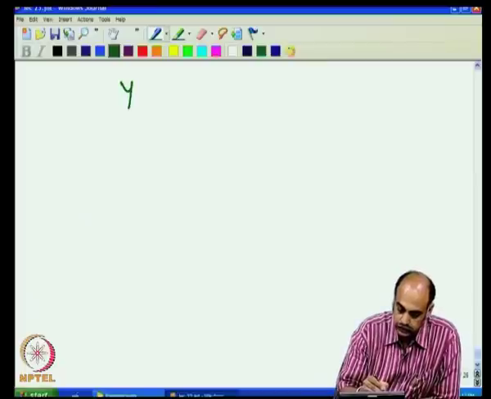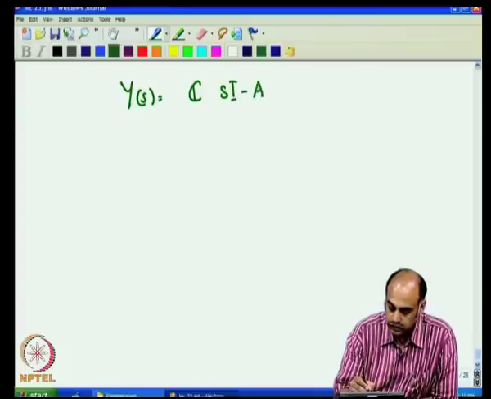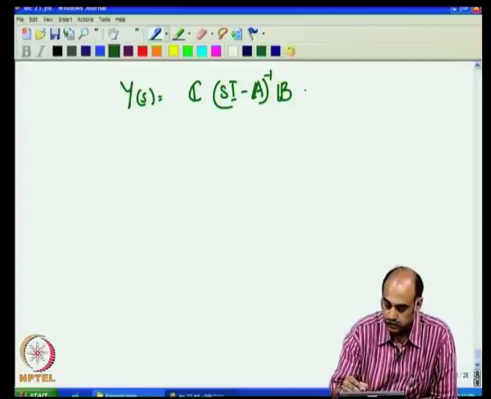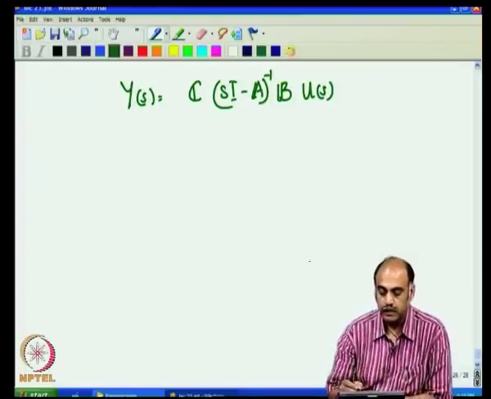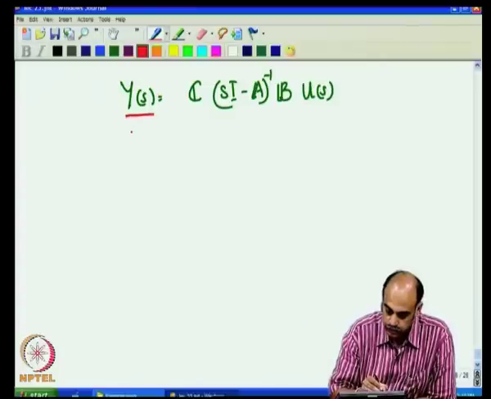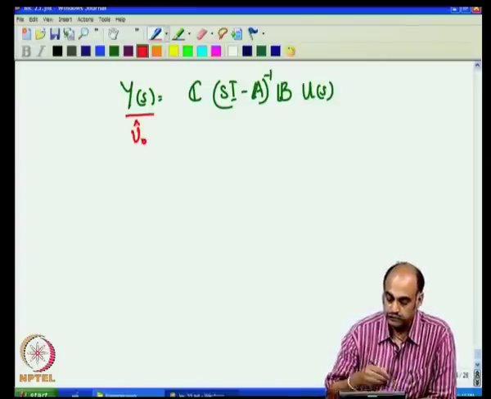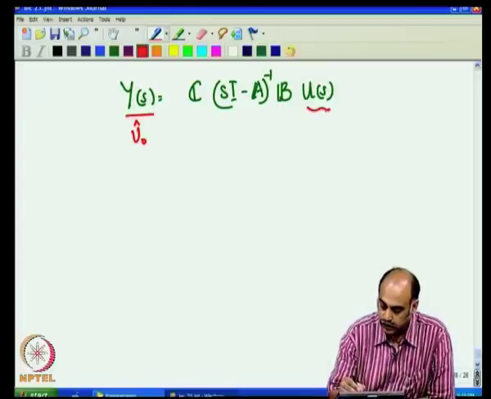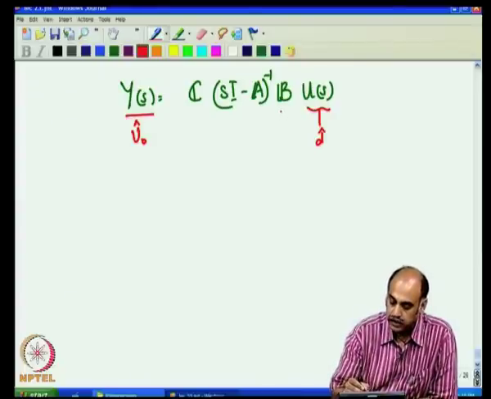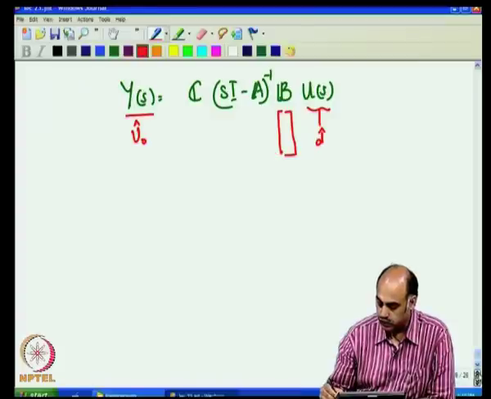So, looking at that, C (sI minus A) inverse B U(s). If you want to obtain V naught as your output variable and input variable is D hat, the B will correspond to only that portion corresponding to D hat.